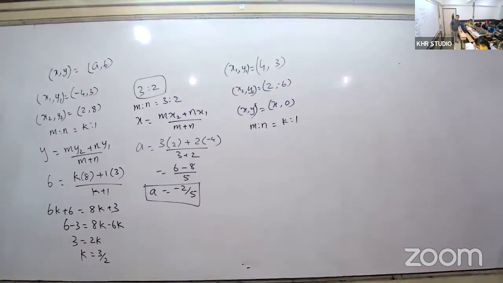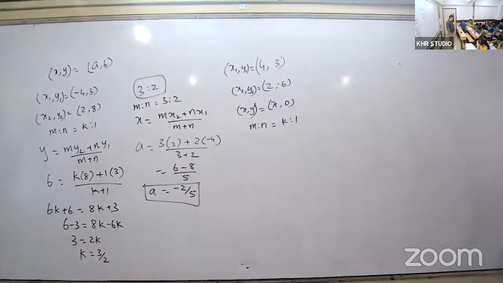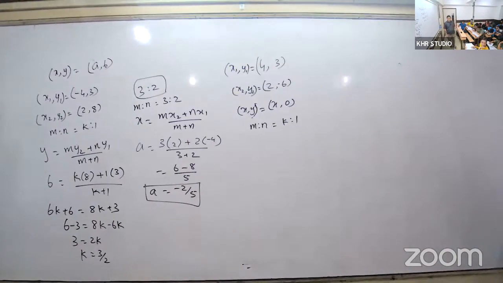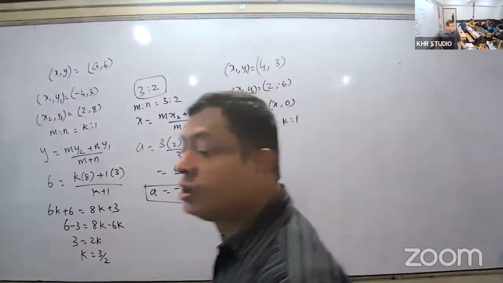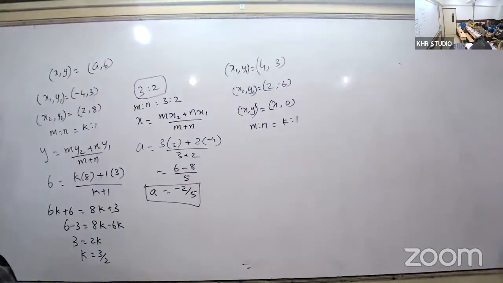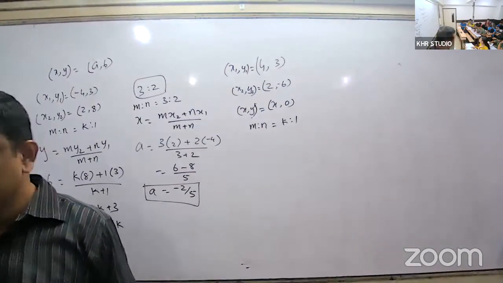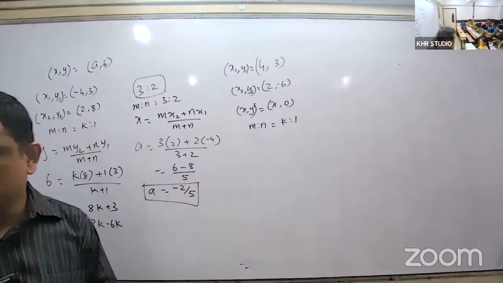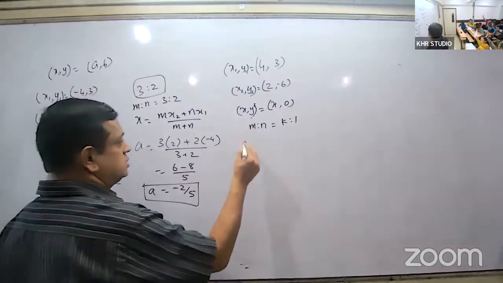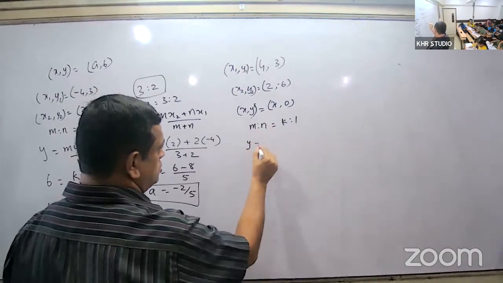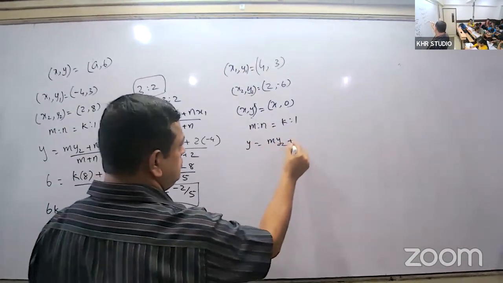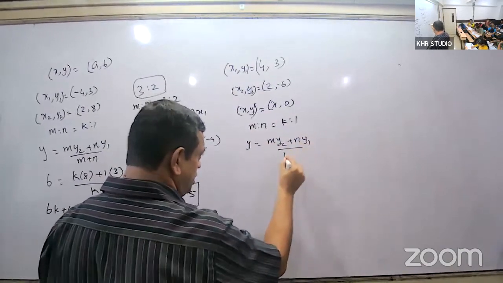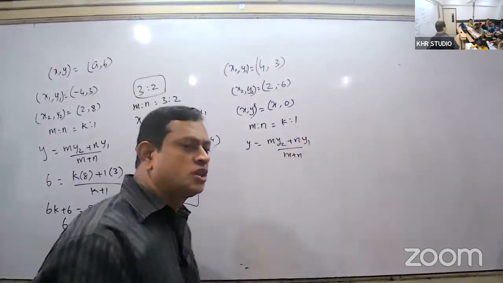Okay. Generally, you may not get that one minus. It can be possible, but check once again. 1:2. Yes. How many of you got 1:2? Check. Which value y is equal to? You know why I'm telling this, all of them use the same formula only.